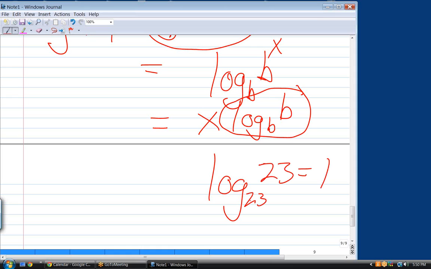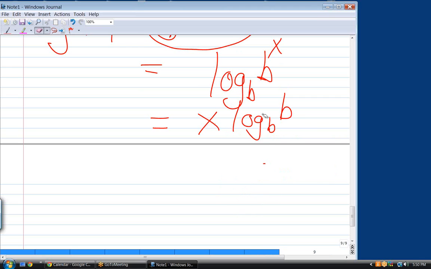Why? Because 23 to the 1 power is equal to 23. So whenever you have log base b of b to some exponent, it's just equal to the exponent. And the two ways to look at it is you can look at bringing the exponent down, and then I have x times 1. So that's why it's always equal to x.